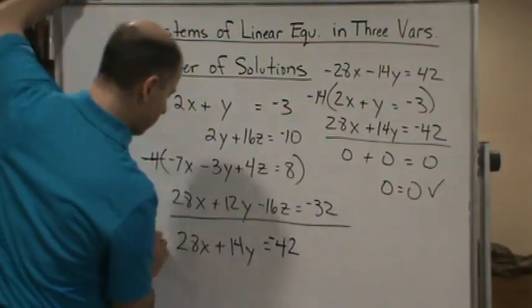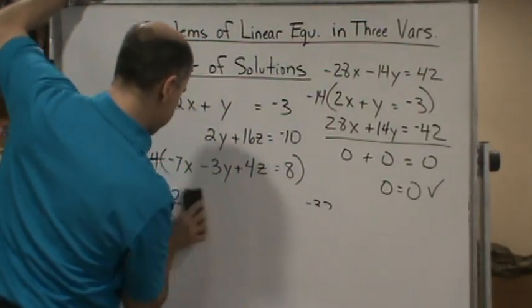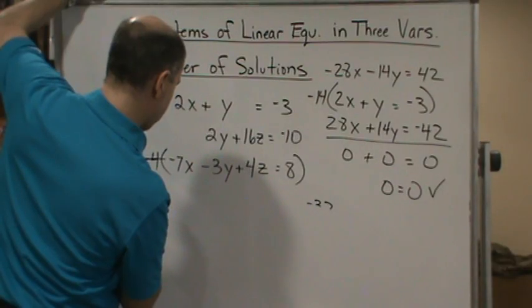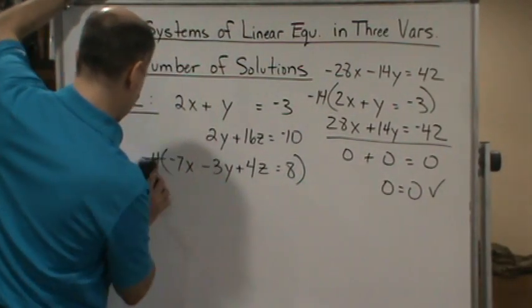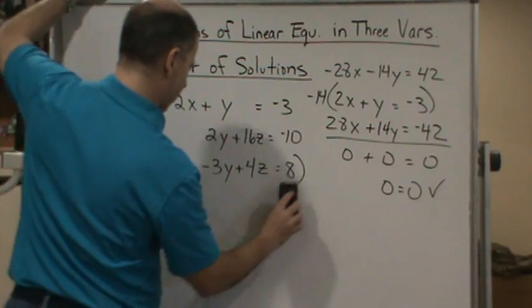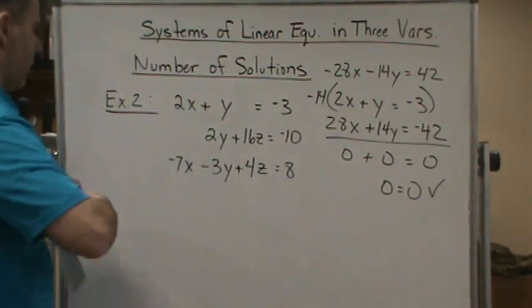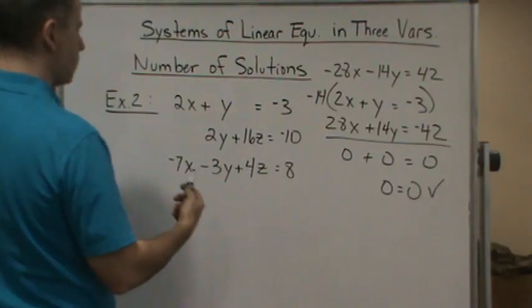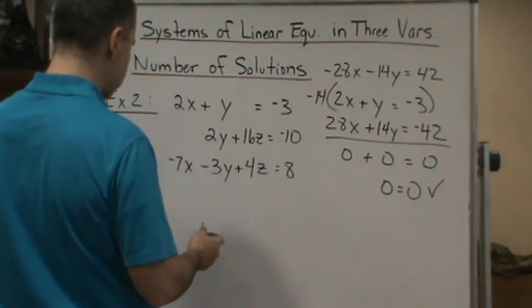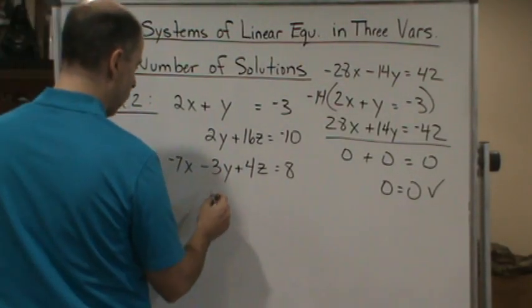So let's go back to the original equation. Okay, that's why I didn't want to erase this. Okay, so if we solve everything in terms of z, that means what?